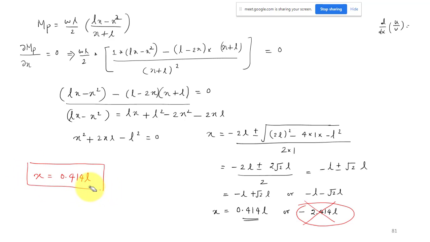That means in our beam, we have a propped cantilever and we have the loading UDL.